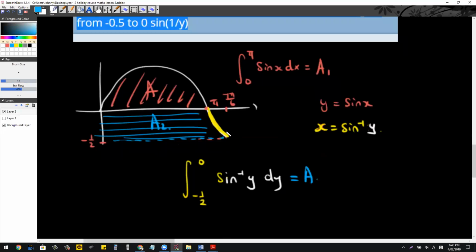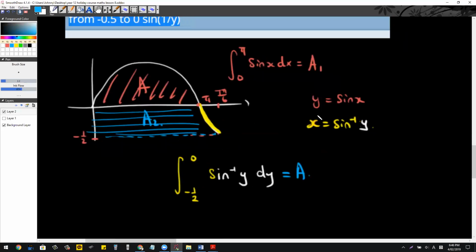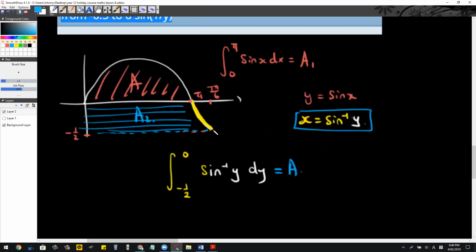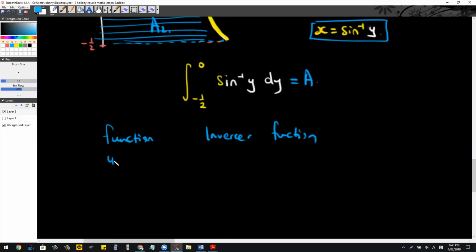However, there's something wrong with this one. The reason is the inverse sine function. There's a restriction when you have a function and an inverse function. For example, y equals x squared looks like this, right?